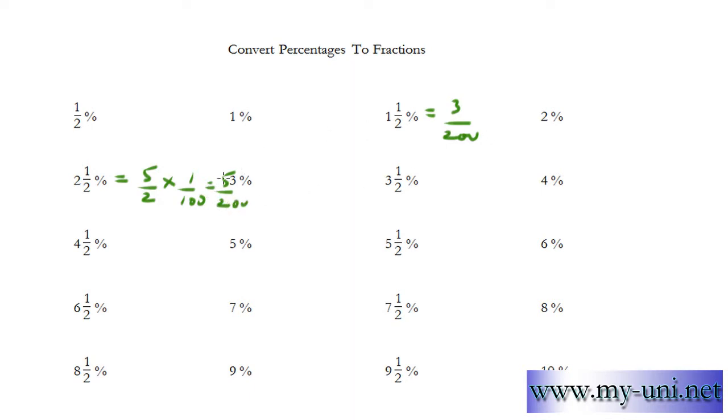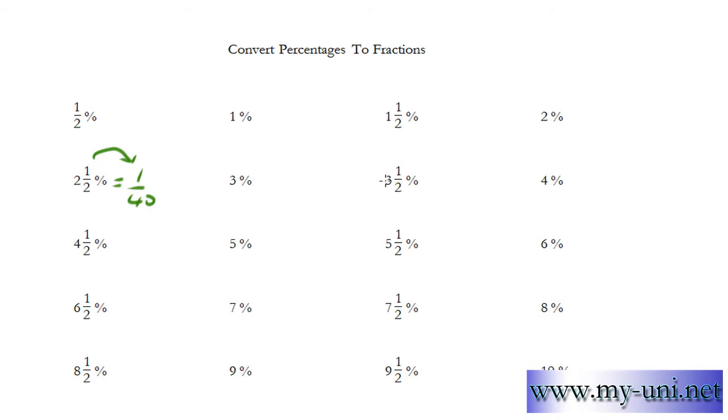Then you can simplify this one. 2.5% can also be written as 5 over 200, but you can simplify this. 5 times 1 is 5, 5 times 4 is 20, and 5 times 0 is 0. So 2.5% is equal to 1 over 40, or 1/40th. This is the fraction format of 2.5%.